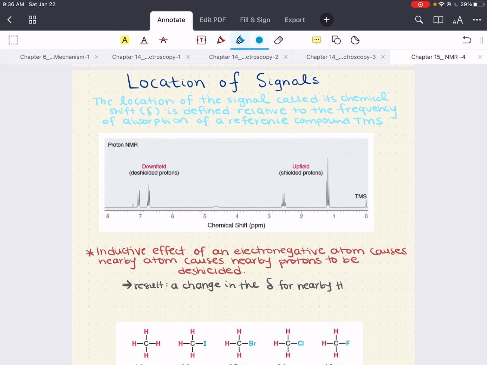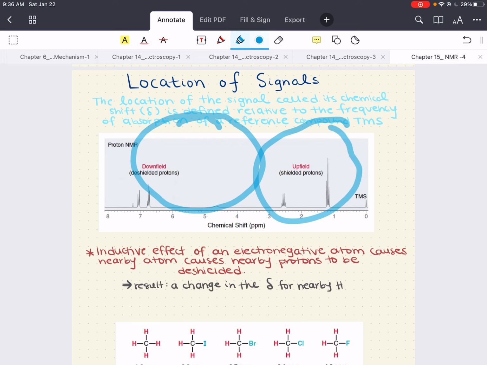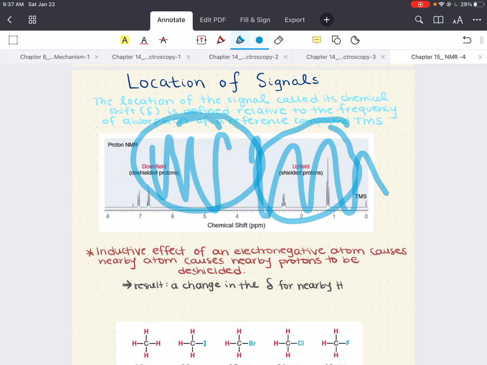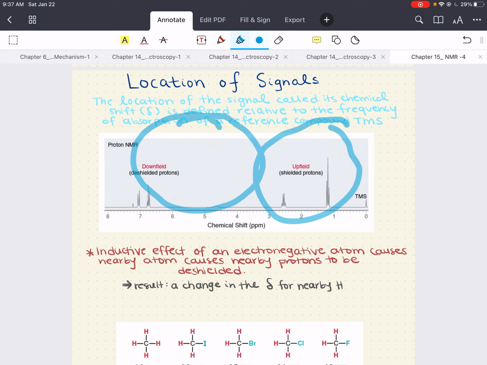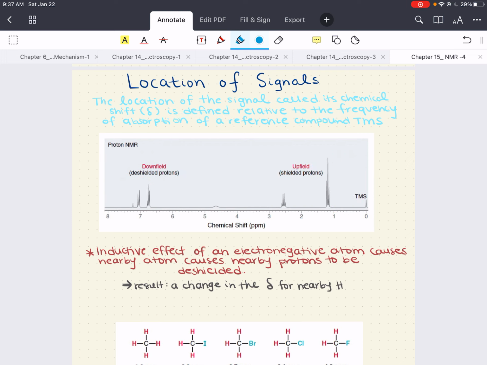All right, the left side of our NMR spectra is described as downfield, and our right side of our NMR spectra is described as upfield. Upfield signals are shielded protons, downfield signals are de-shielded protons.